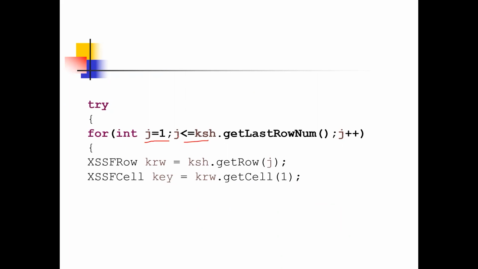Next is KDF, so the reference of KDF is KSH. Reference is KSH sheet dot get last row number. Here we have already used i, so here we mention j. Here this is the excessive row and the initial KRW, sheet KSH dot get row j. And here only one column is there for keywords.